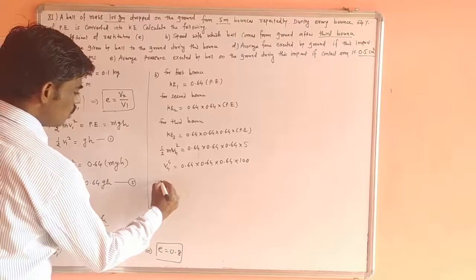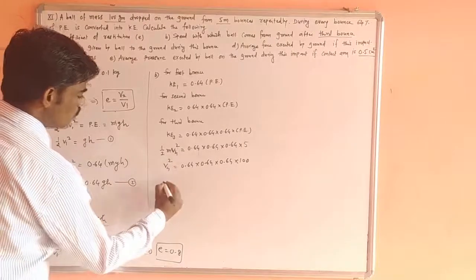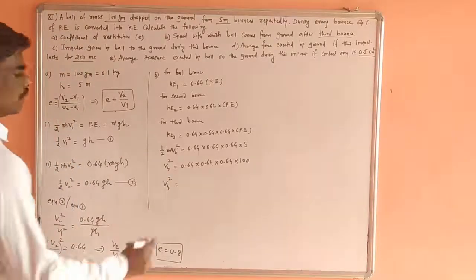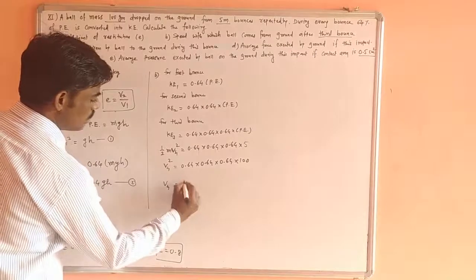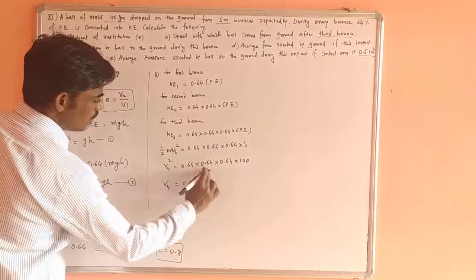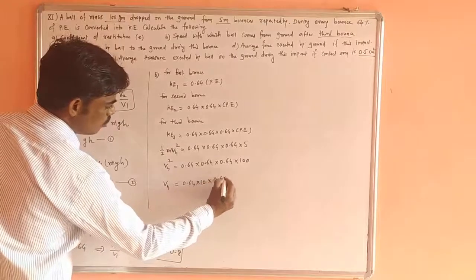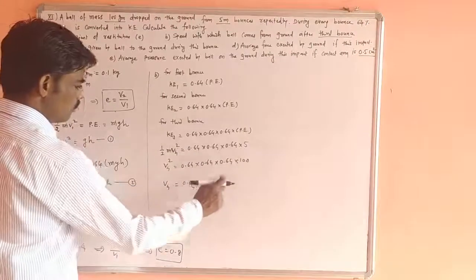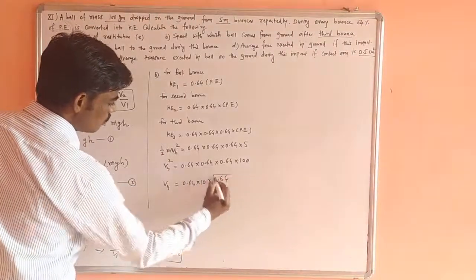Now taking the square root of v4 square, we get the square root of 0.64 three times, and 10 into square root of 0.64.